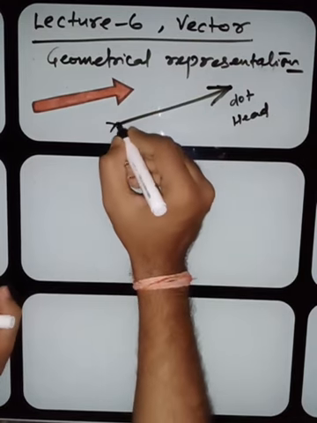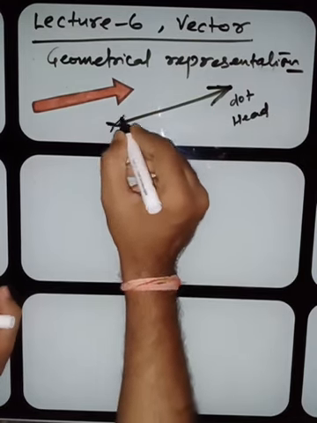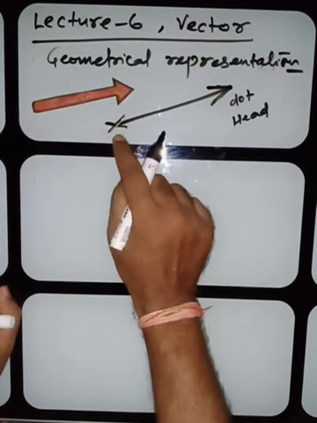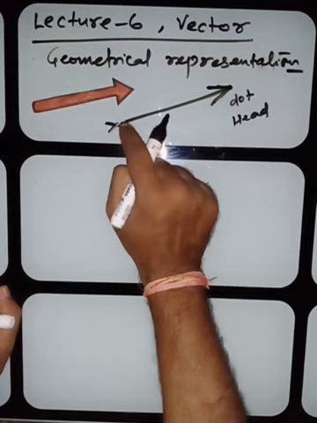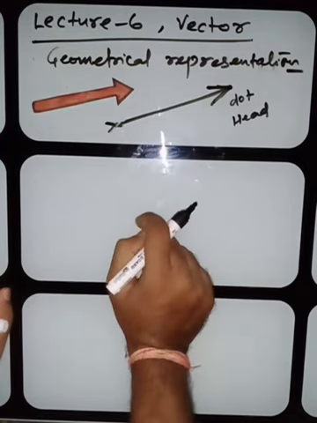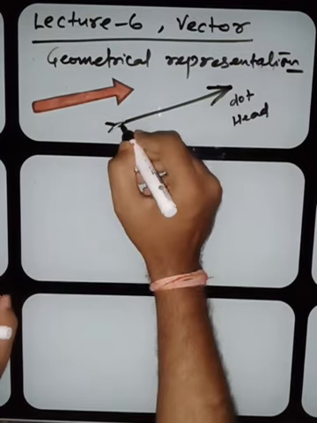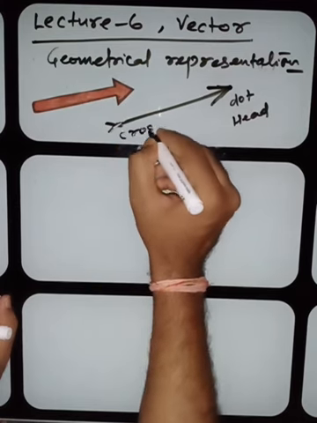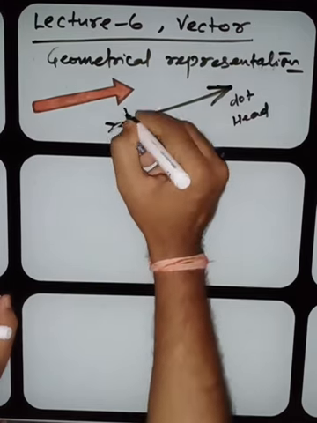And this other end is made like this, and after designing, this point is cut out. Engineers used to design it this way, and so this is called the cross, or tail.